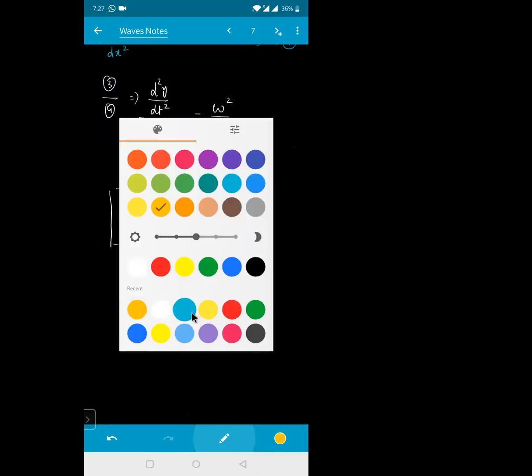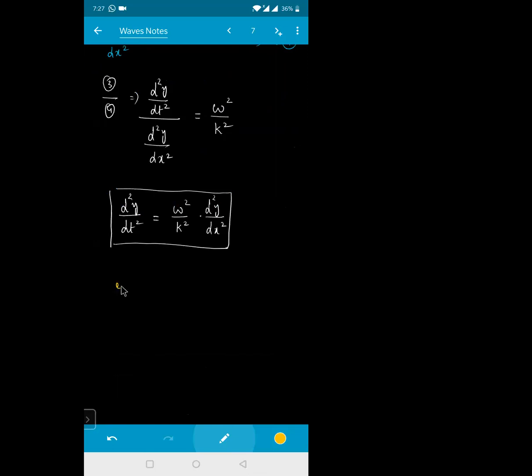In partial differentiation, I can write dou square y by dou t square equals v square into dou square y by dou x square, where omega by k is the wave velocity. Clear for everyone? So this is the differential form of the wave equation.